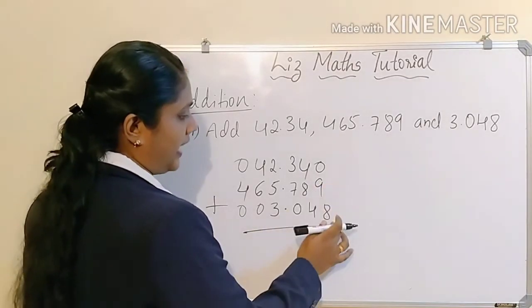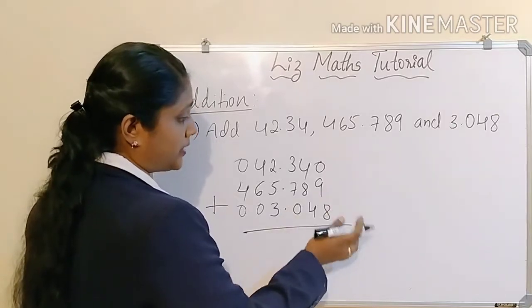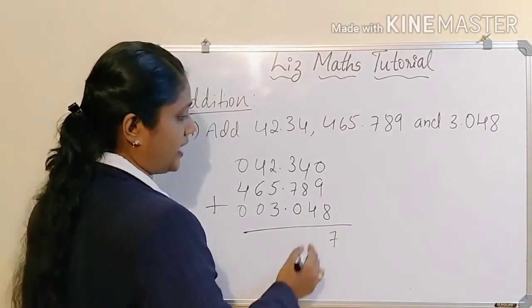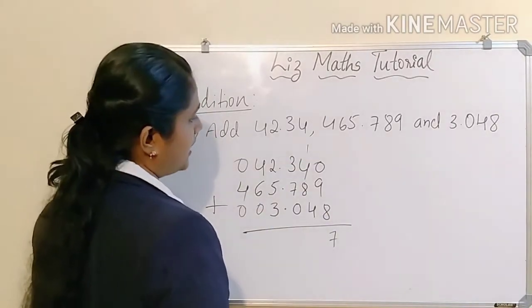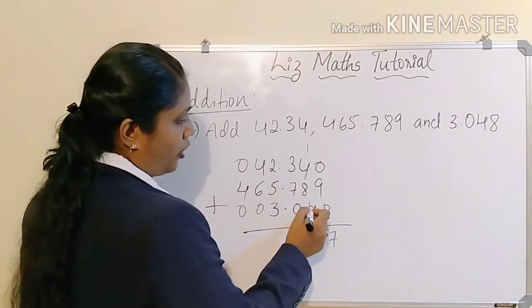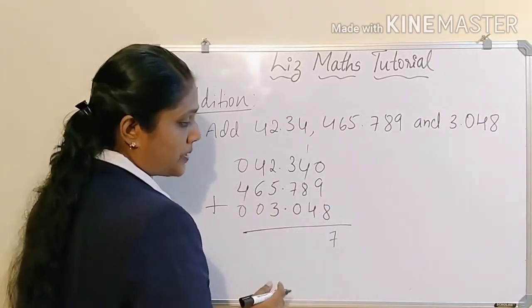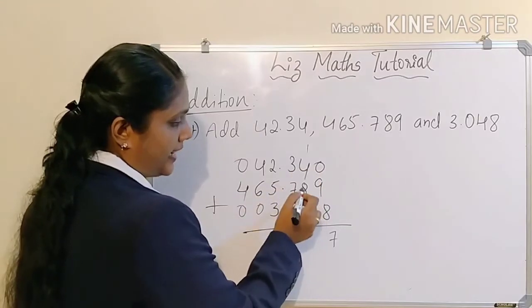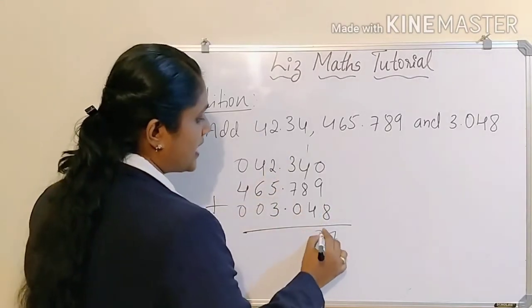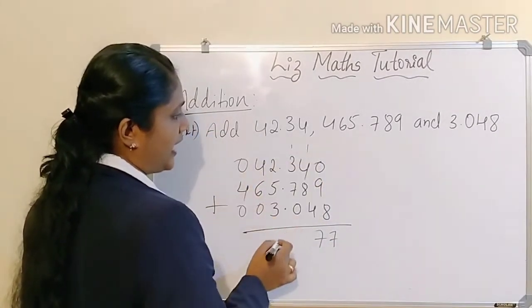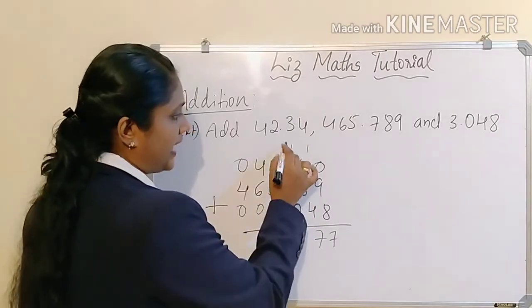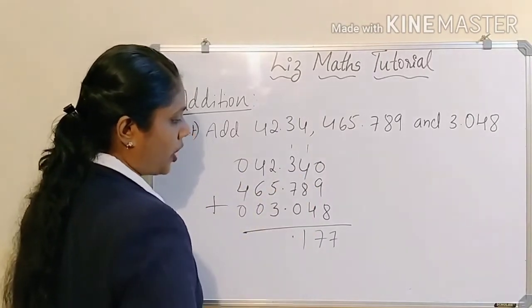So here 9, 8. 8 2s are 16 and 1 is 17. 1 is in your hand. Next 8 4 here. 8 2s are 4 4 8, and 8 2s are 16 and 1 is 17, and 1 in your hand, and 7 3 10 and 1 is 11 point.